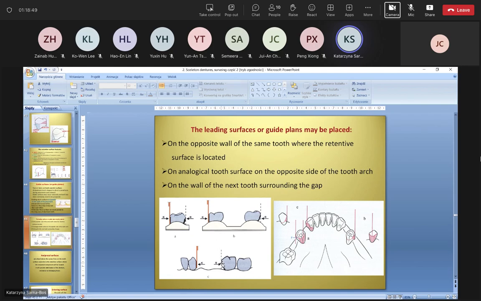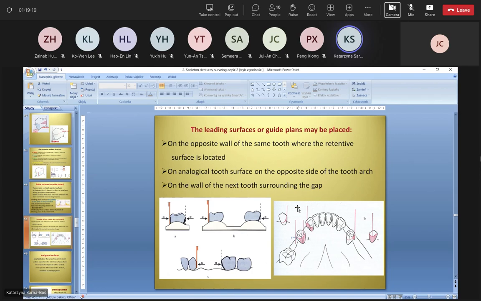Only in those three places can we find guide planes, and only on those surfaces can we design the reciprocal arms, because they provide the stabilization of the denture, and the retentive arm provides the retention of the denture.